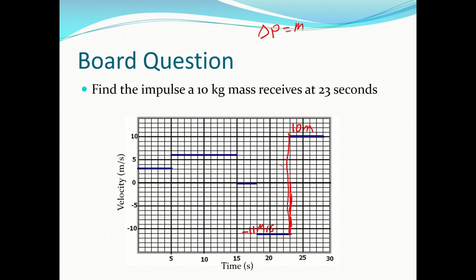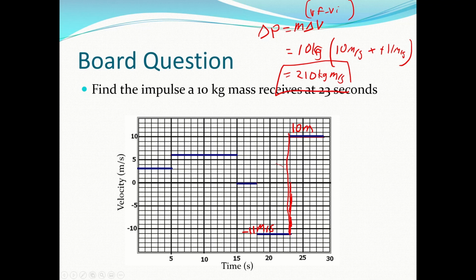So impulse equals mass times change in velocity. Well, my mass is 10 kilograms. And my final speed minus my initial speed is my change in velocity. Well, my final speed is 10 meters per second. And my initial speed is negative 11 meters per second. Right? Minus a negative is plus a positive. So this would be 21. So my impulse would be 210 kilograms meters per second. Okay, that's how you do that one.